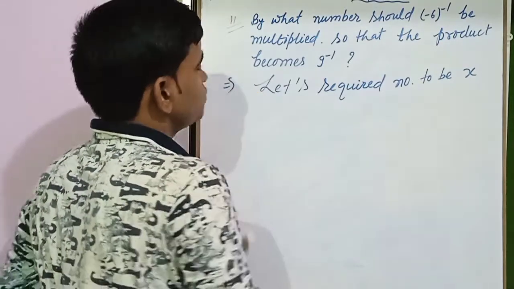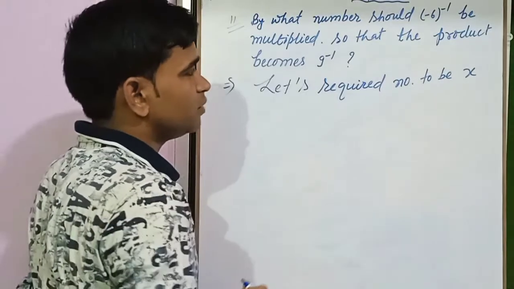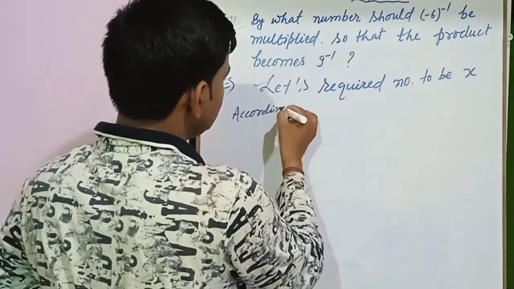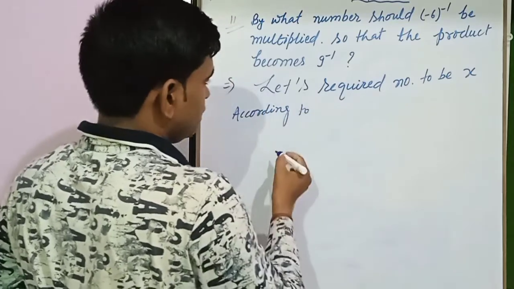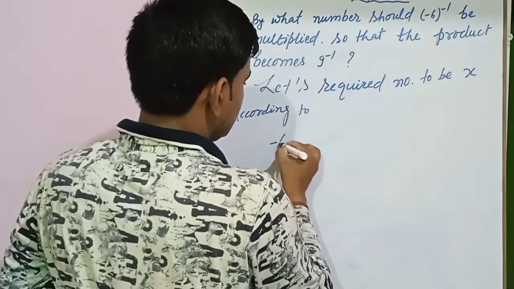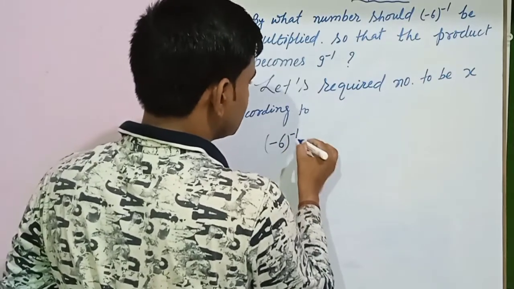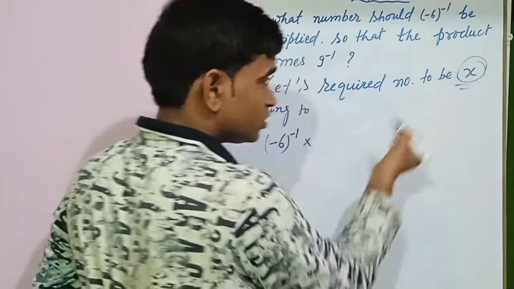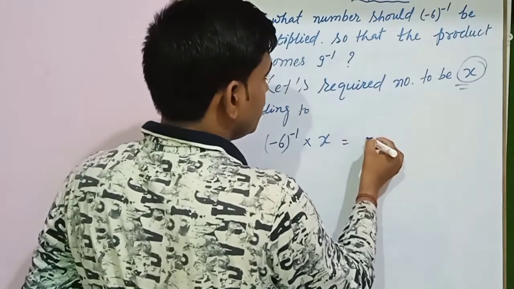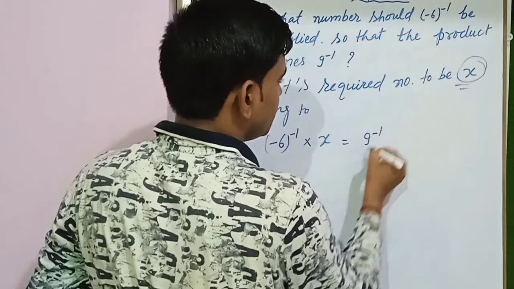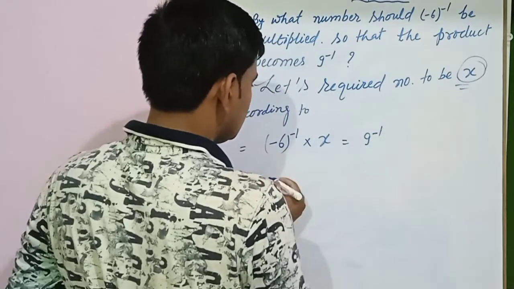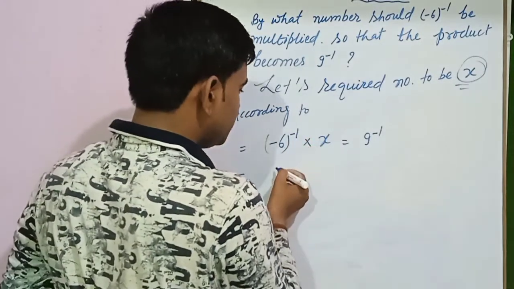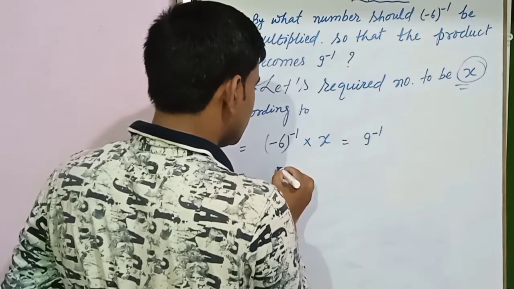For the solution, let the required number be x. According to the question, minus 6 raised to the power minus 1 into that number, which we suppose is x, is equal to 9 raised to the power minus 1. When the exponent is in minus form, we know that it becomes the reciprocal.